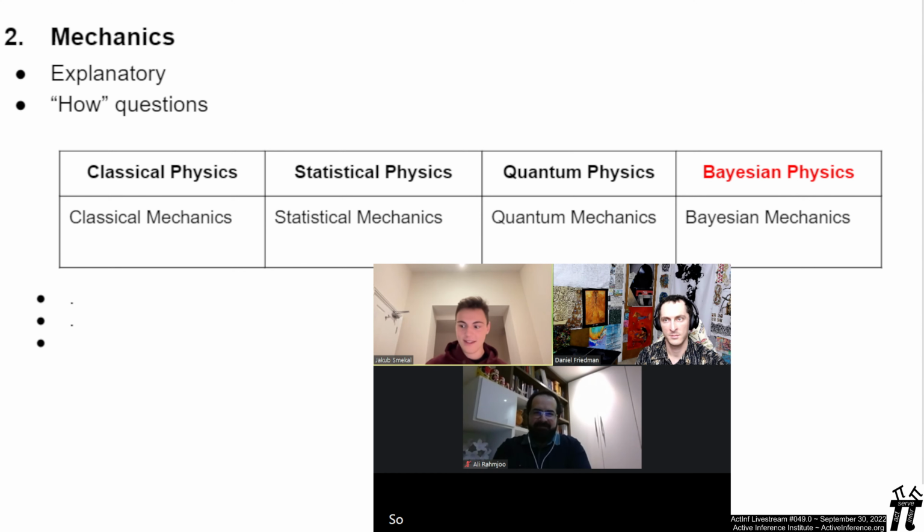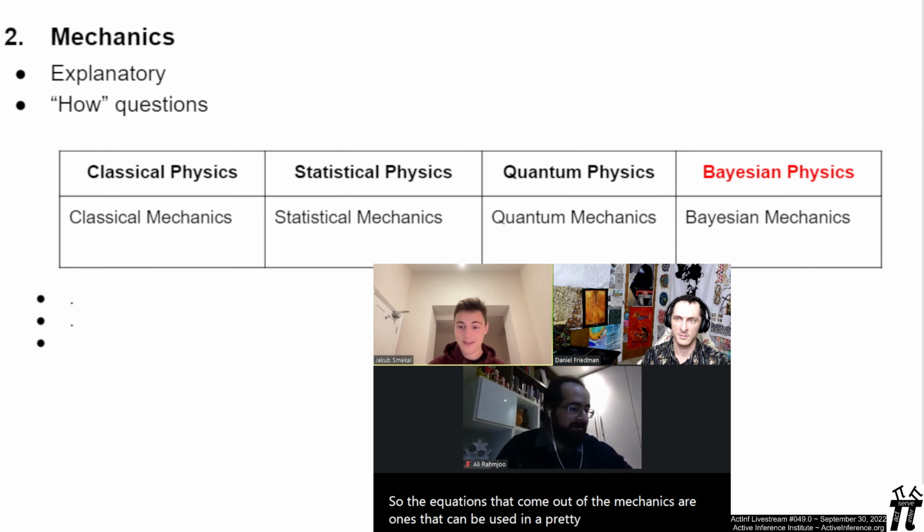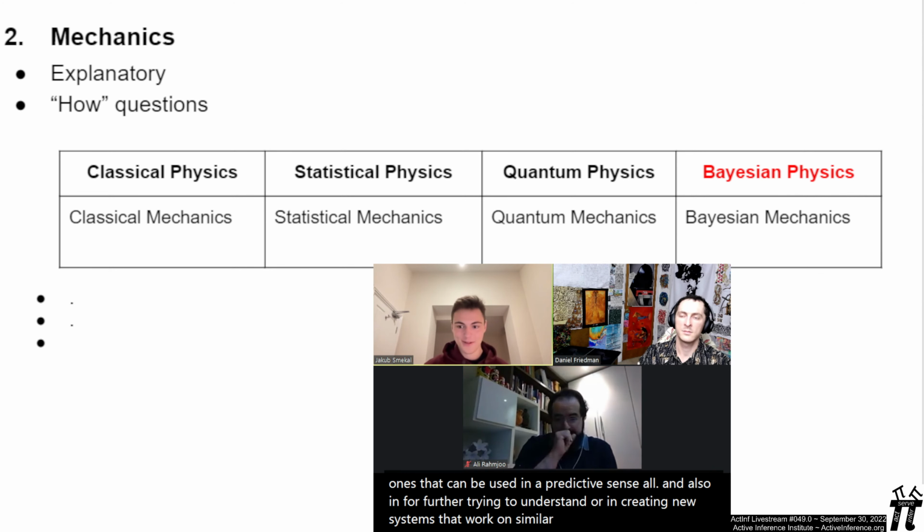So the equations that come out of the mechanics are ones that can be used in a predictive sense, and also in further trying to understand, or in creating new systems that work on similar principles.